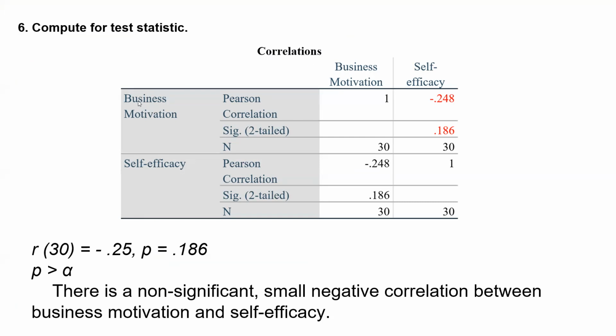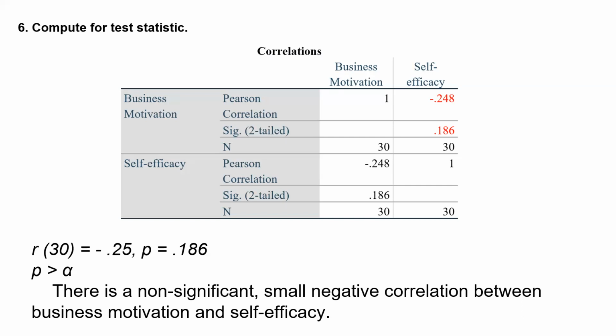If I correlate business motivation to business motivation, it's 1. Of course, you've correlated the data to itself. In a similar manner, if you correlate self-efficacy with itself, the Pearson correlation here is 1. Why? Because every time you correlate something to itself, they would perfectly fit. That's why the answer is 1.